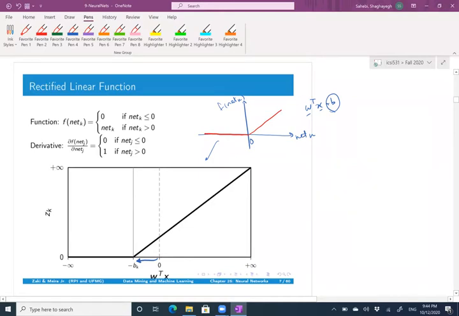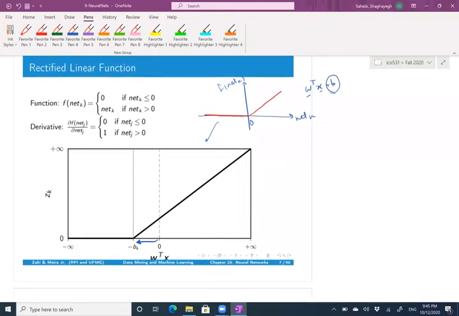In ReLU, if the value of net is positive, then it's going to be similar to the identity function. Because we are going to need to take the derivatives of all of these functions when we are learning the parameters in neural networks, let's look at the derivative of the ReLU function.